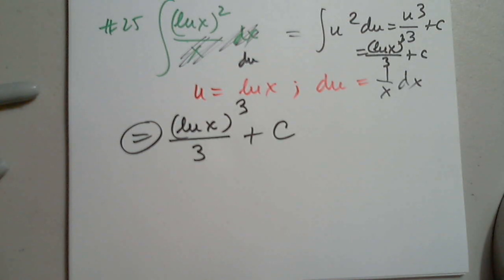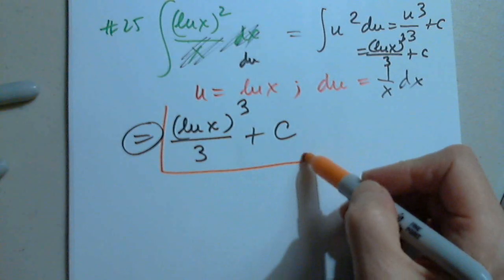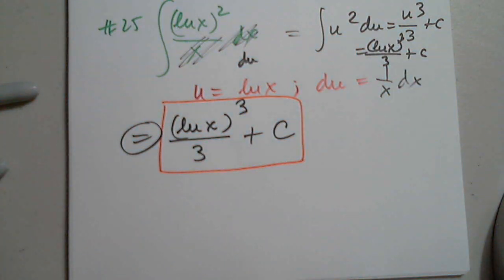Is that okay? Yeah. Then you made that u cubed over 3, plus c, and then you're plugging the natural log back in. Yes, because the integral was given in x, the answer has to be in x.